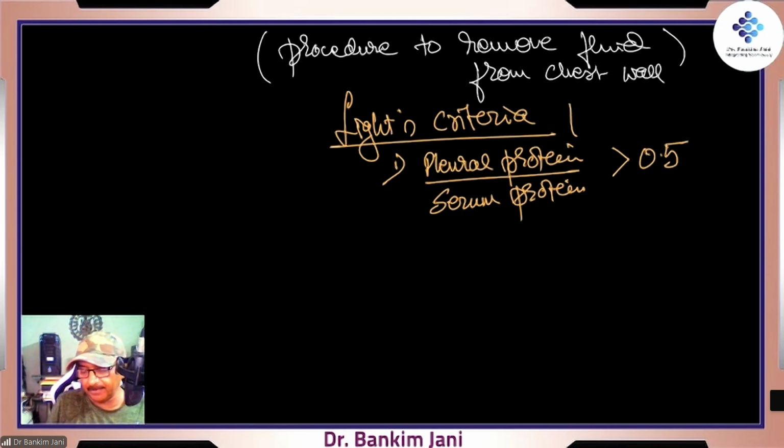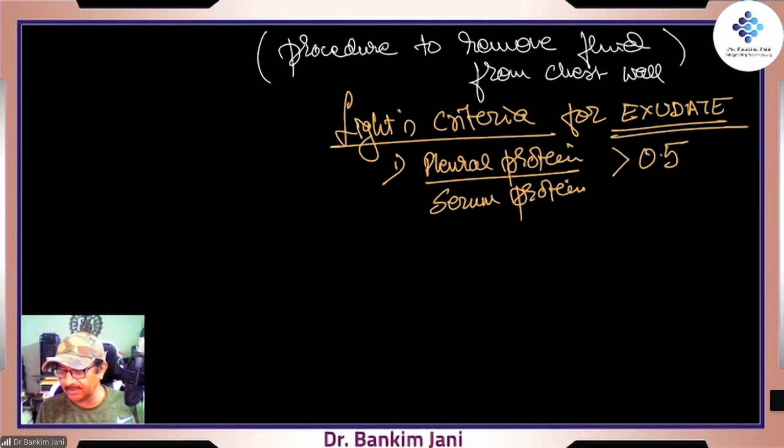Light's criteria for exudate. Exudate means the moment it comes, you see this in the lab report, you see this, it is 0.6. Now you know that there is definitely inflammation. There is definite infection, beyond doubt, right? Just by this much.